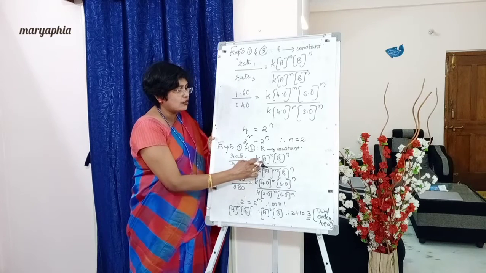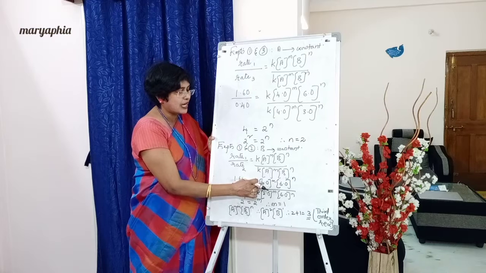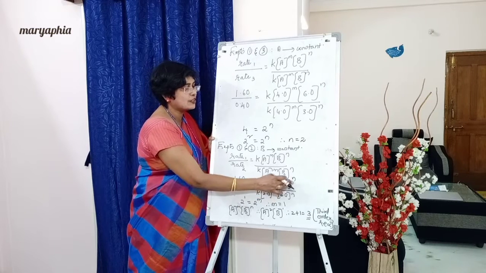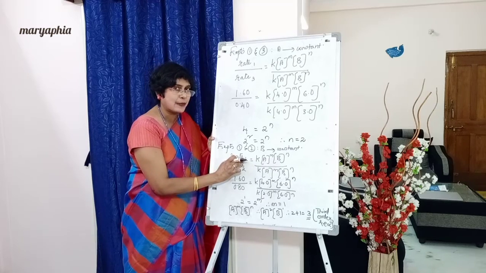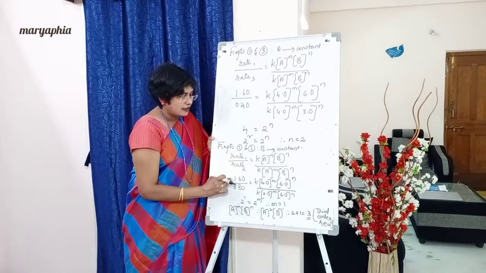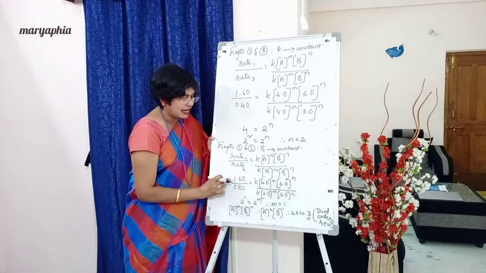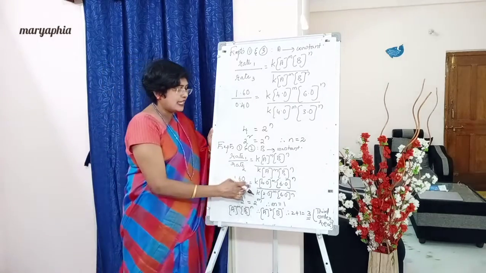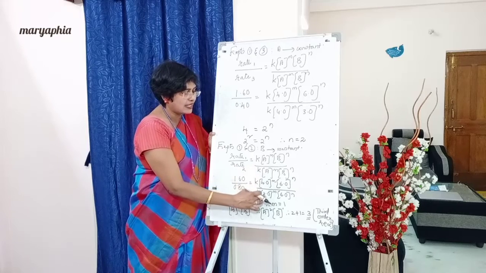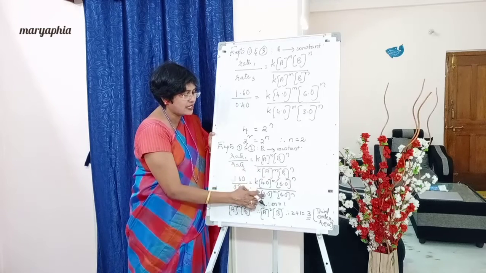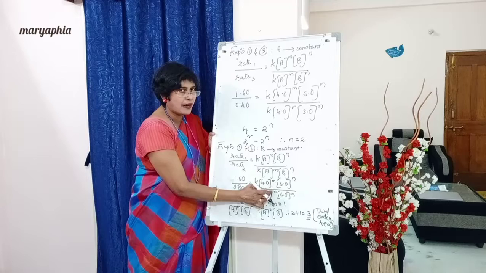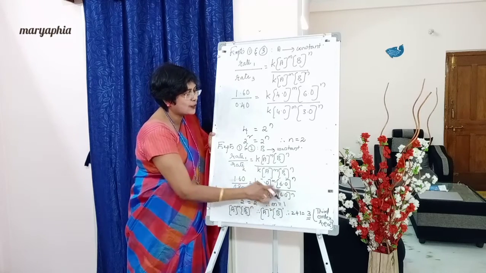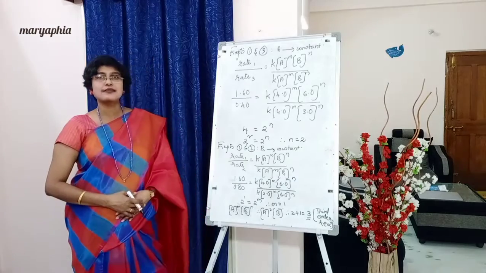K into the concentration of A in experiment 1, 4.0, to the power m into 6.0 to the power n. Look at the first experiment values: 1.60 is the rate, divided by the rate in the second experiment, 0.8, is equal to K into the concentration of A in the second experiment, 2.0, to the power m into the concentration of B in the second experiment, 6.0, to the power n.